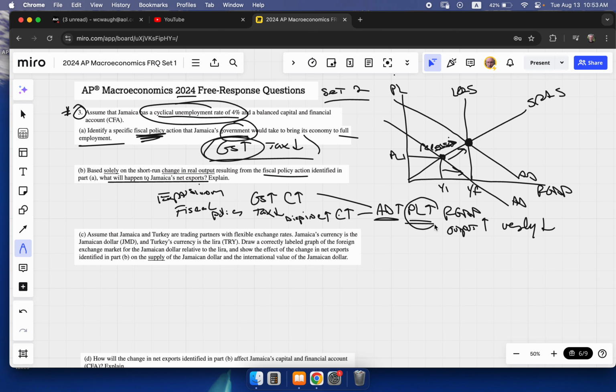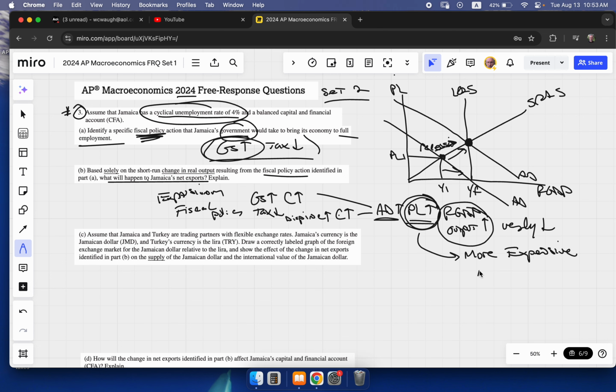Well, I think what we want to recognize here is that if real GDP starts kicking up, that's also going to kick up the price level. Price level goes up. Now all of Jamaicans' goods are more expensive due to that higher price level. So if their goods are more expensive, people aren't going to be buying as much of their stuff.